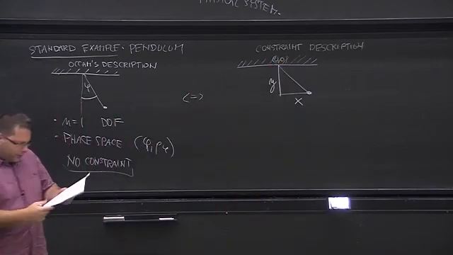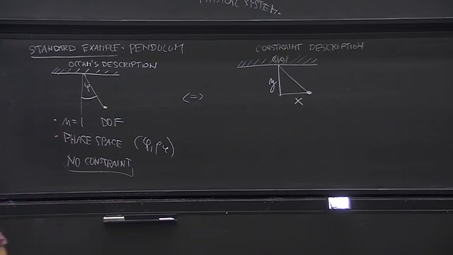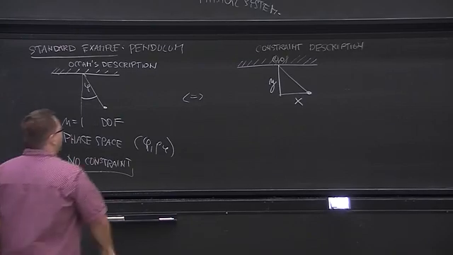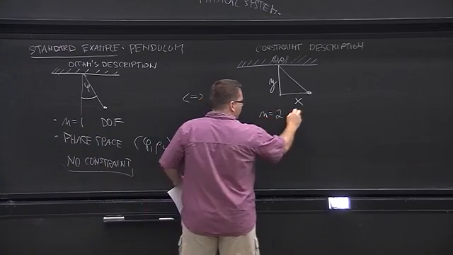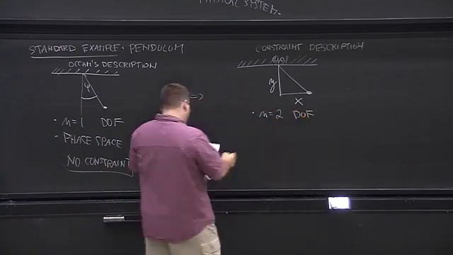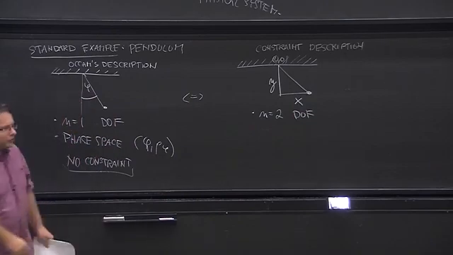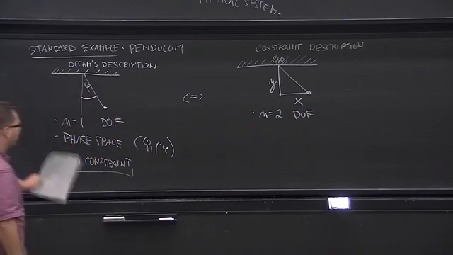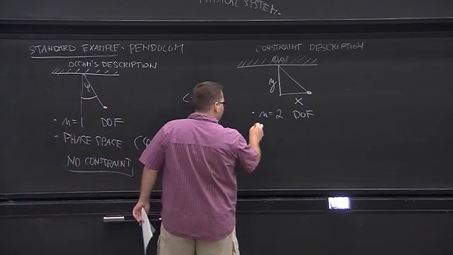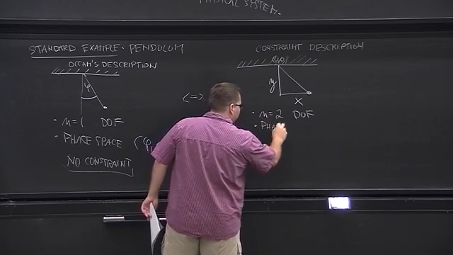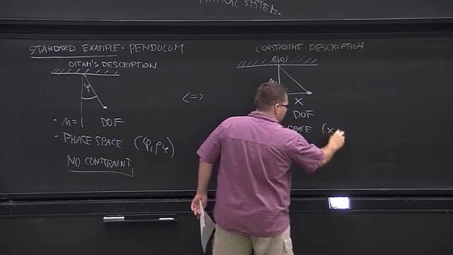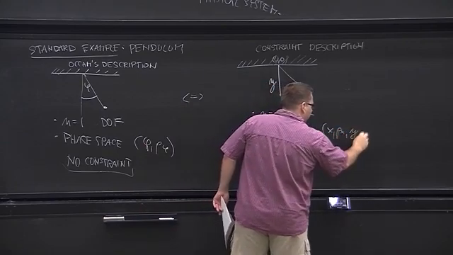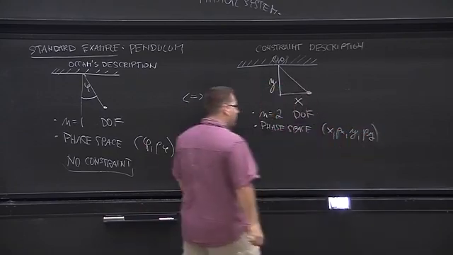And so now I'm pretending that this is a system with 2 degrees of freedom, so n equals 2. Of course, now my phase space is twice as big, so it's actually 4-dimensional: x, px, y, and py.